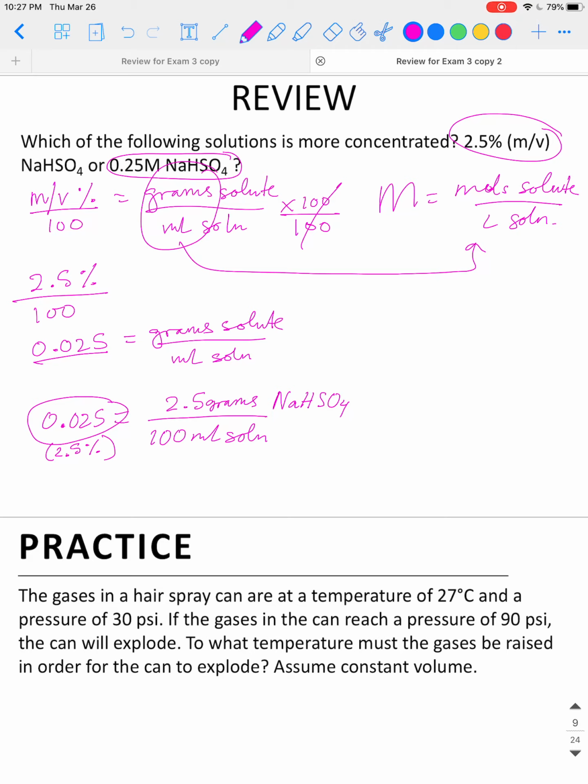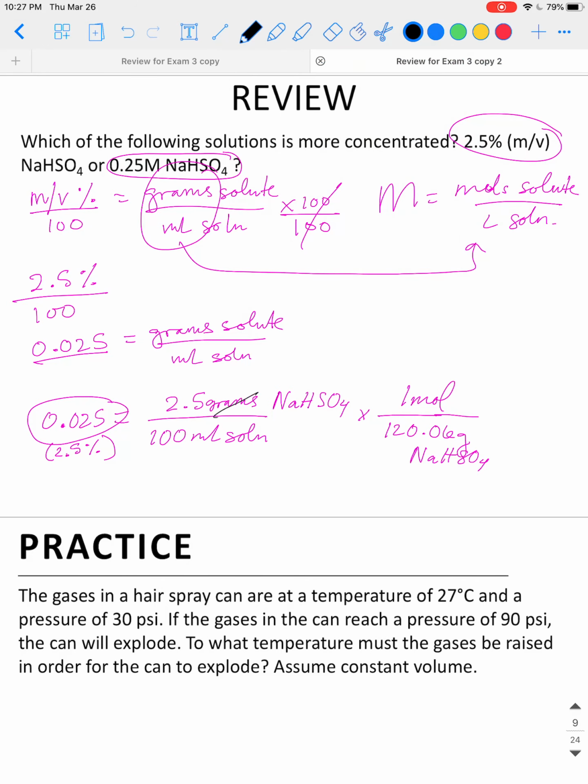I'm going to look up the molar mass of our compound here. If you look that up, it's 120.06 grams of NaHSO4 for every 1 mole.